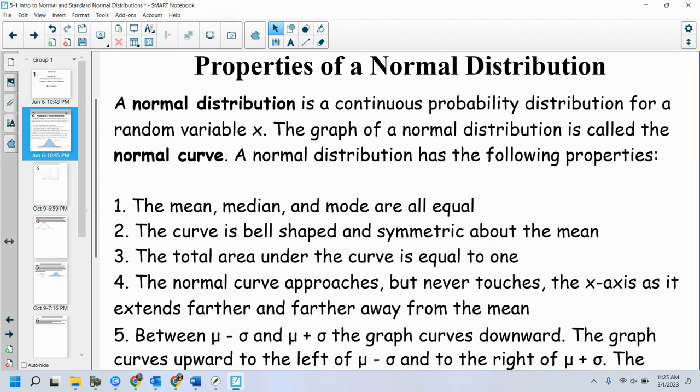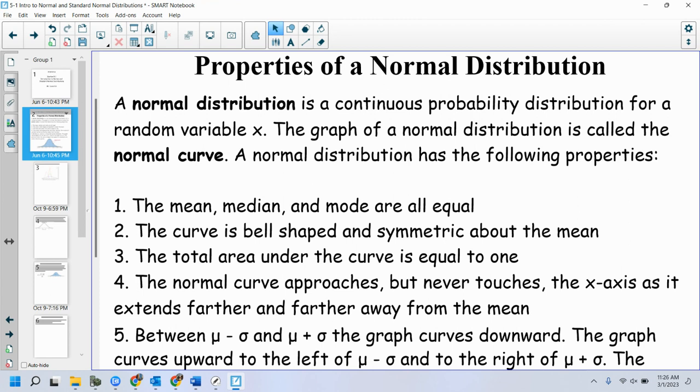If you run a sample of 30 things, but then you run a sample of 3 million things, the 3 million things is going to tend to be a little bit more normally distributed than the 30 things. The mean, median, and mode are probably going to all be equivalent, the greater the value of your n. Second thing here, the curve is a bell shape and symmetric about the mean. Obviously, it's got to be symmetrical if the mean, median, and mode are all the same.